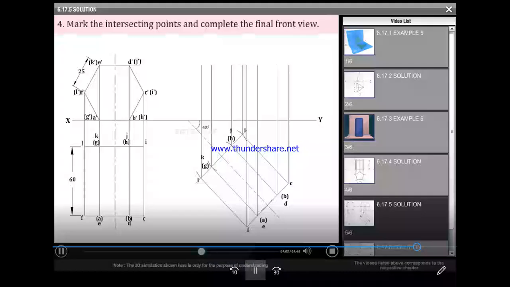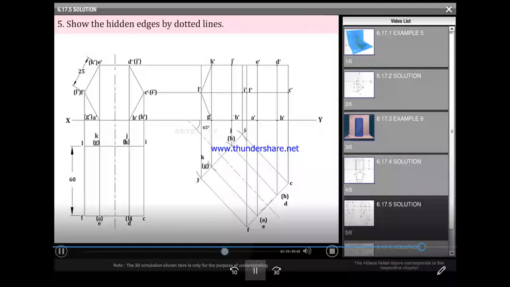Now mark the intersecting points and complete the final front view. Show the hidden edges by dotted lines.